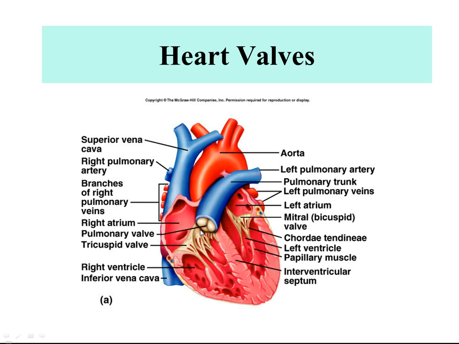From the right ventricle through the pulmonary valve and the pulmonary trunk. Okay? Pulmonary sending this oxygen-poor blood to the lungs. Okay, so the right pulmonary artery would take it to the right lung, the left pulmonary artery to the left lung. Okay, now from the lungs, the blood would come back through the left pulmonary veins and the right pulmonary veins.